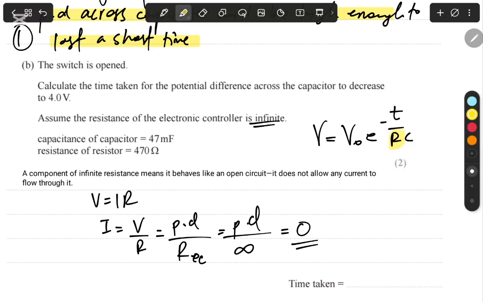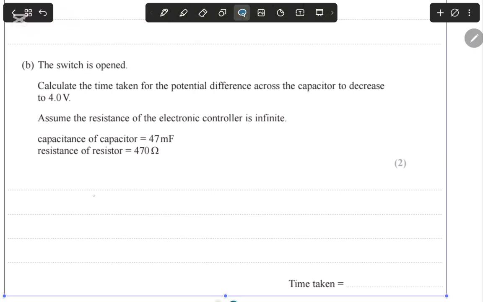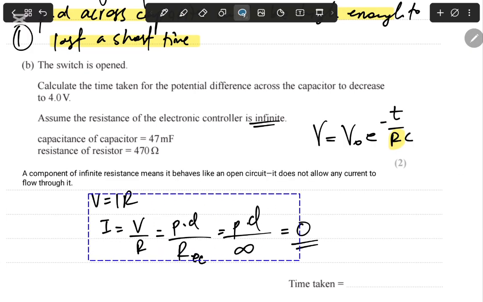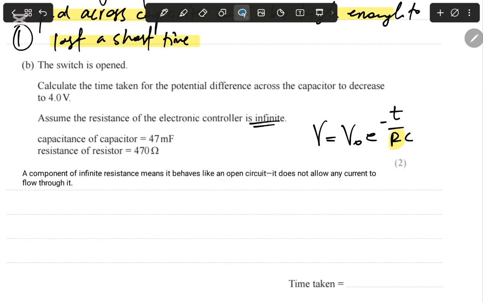We're going to take the resistance of the resistor, because the capacitor will not discharge through a component that has infinite resistance. The current across that component is going to be equal to 0. The capacitor will instead discharge through the component that does not have infinite resistance, which is the resistor here. So in this equation, the resistance will be the resistance of the resistor. I just wanted to explain that.